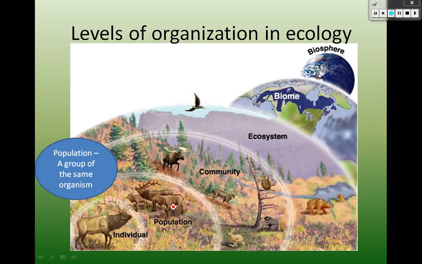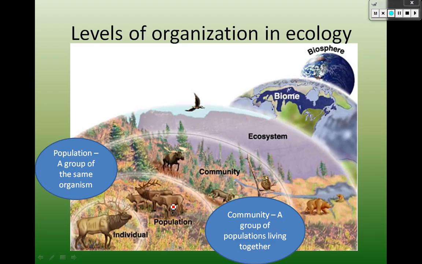I'm sure there's some fancy term for a group of elk. A community then is a group of populations living together. That's all living organisms, but a group of different ones. We've got some moose, some sort of big cat-like thing, an owl, and trees. Those would be part of the community.